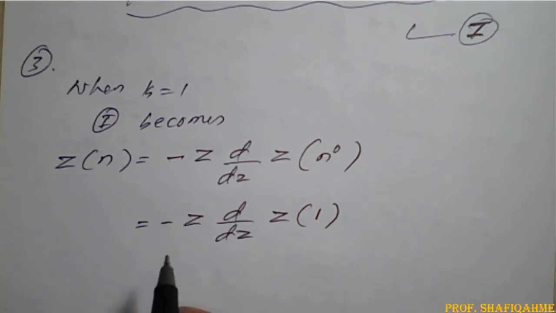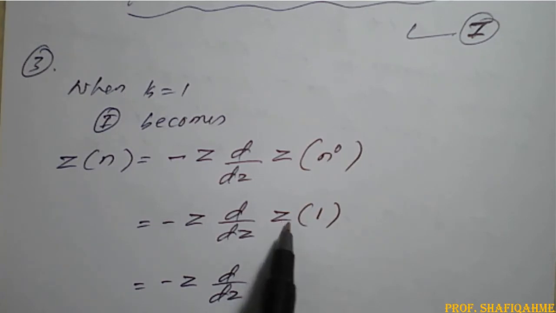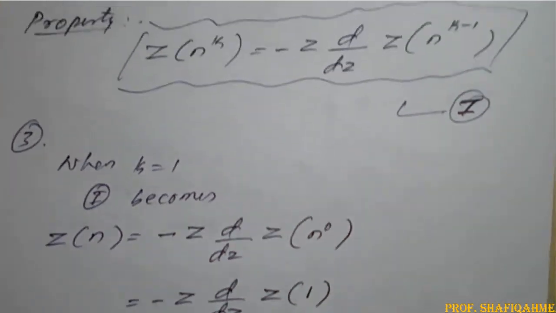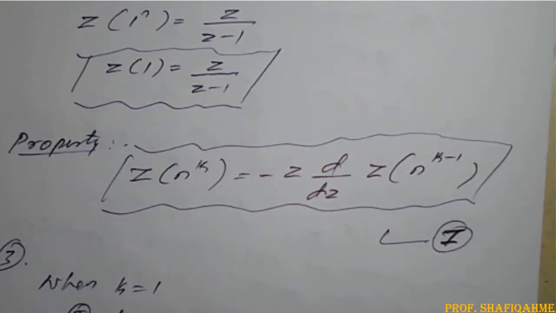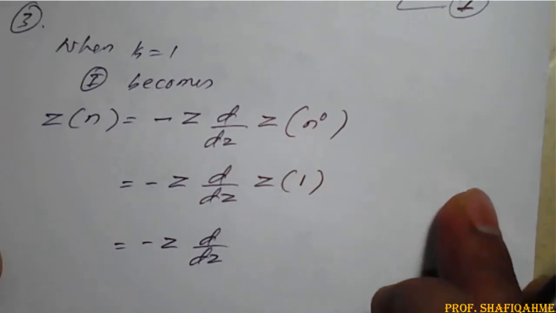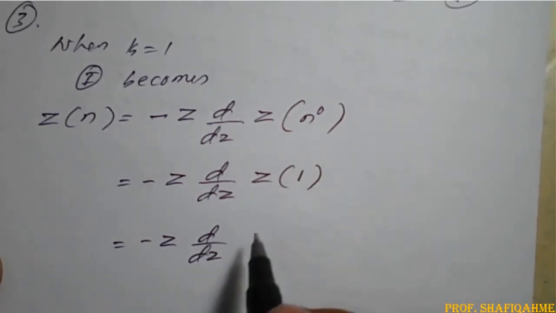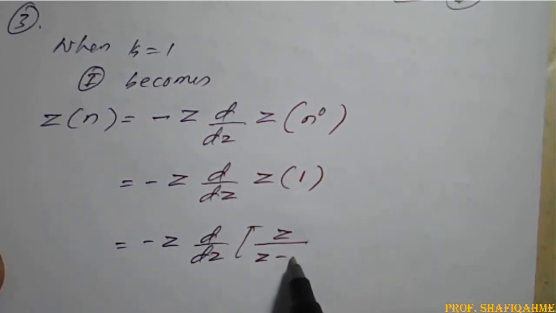So it is minus z d by dz of z transform of 1. We know the z transform of 1 from the result we just did: z transform of 1 is z divided by z minus 1, we'll use it here.